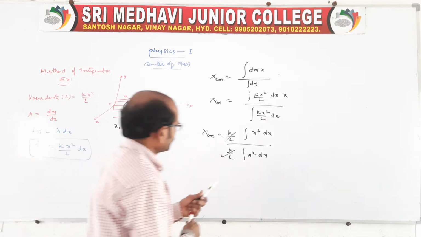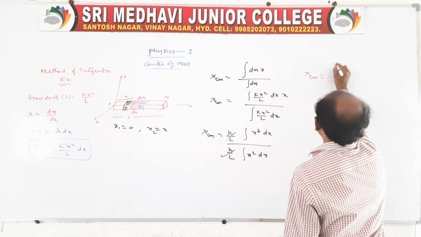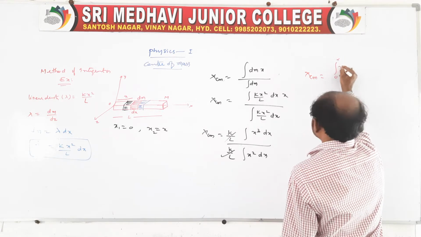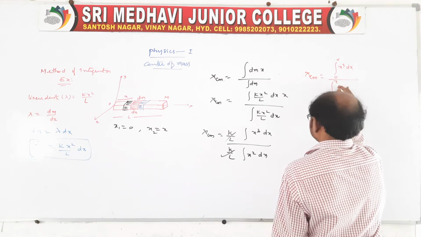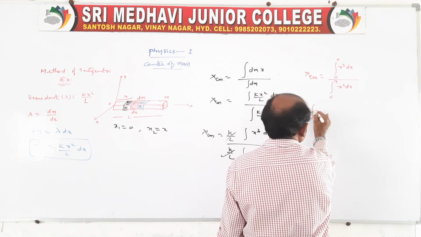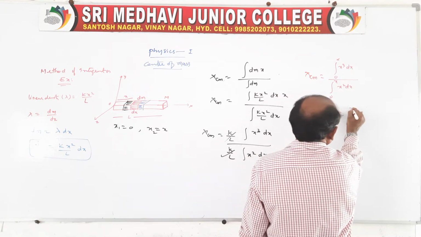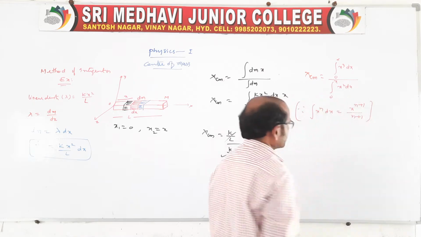Look here, xcm is equal to integral from 0 to x of x cube dx, divided by integral from 0 to x of x square dx. The method of integration is x power n dx gives x power n plus 1 by n plus 1. It is a formula for integration.